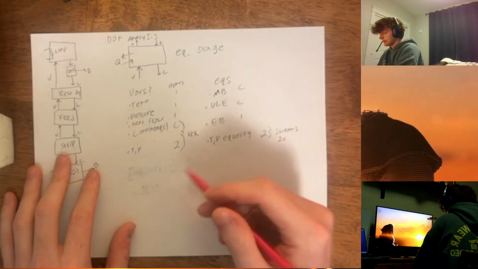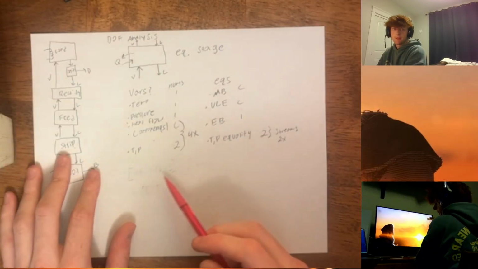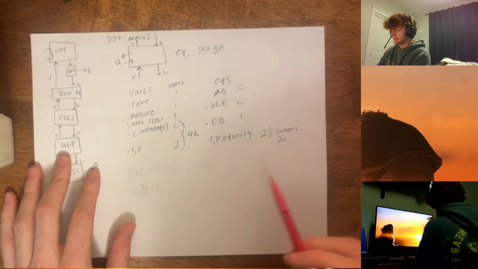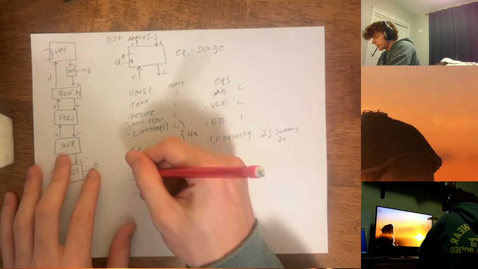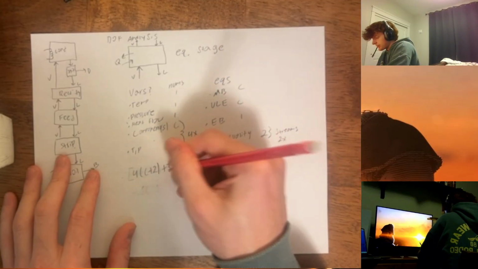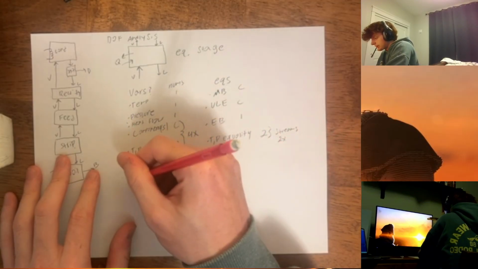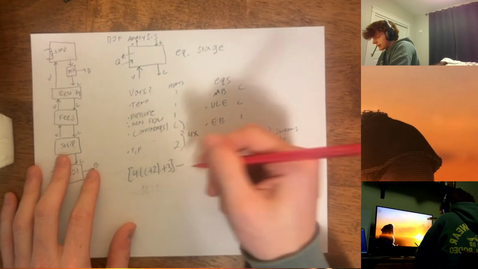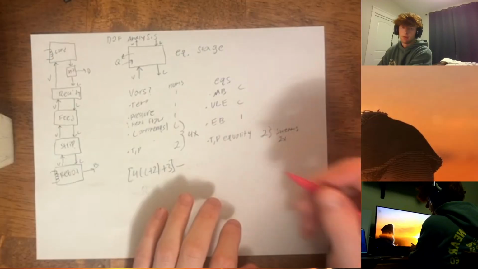So our degree of freedom is going to be our number of variables minus our number of equations. So we'll have 4c plus 2 plus 3 in brackets here, and then we'll subtract the number of equations.